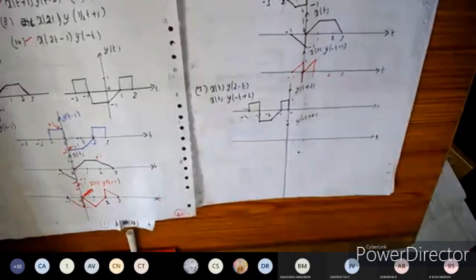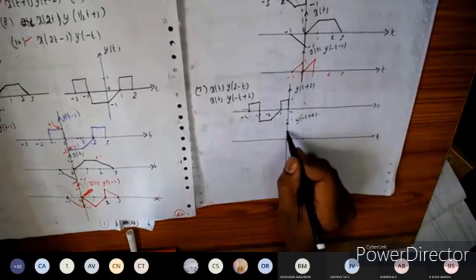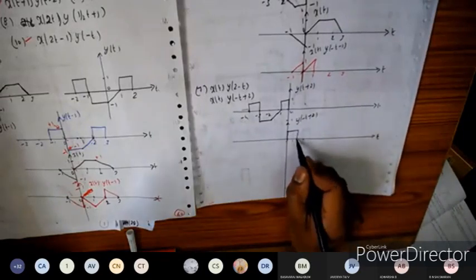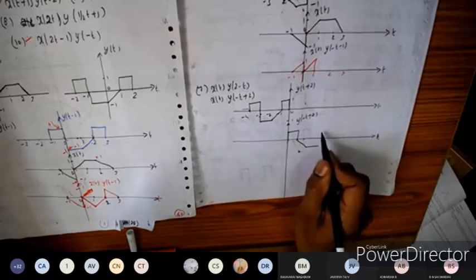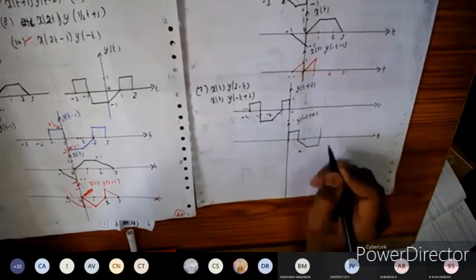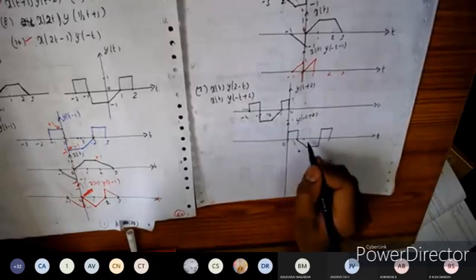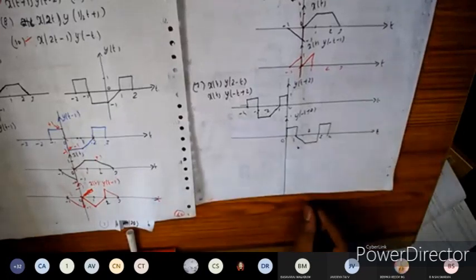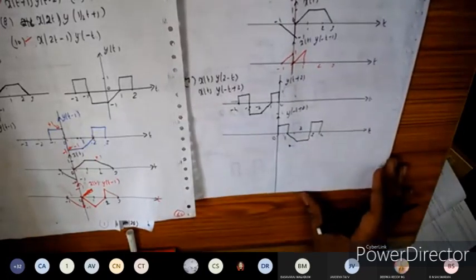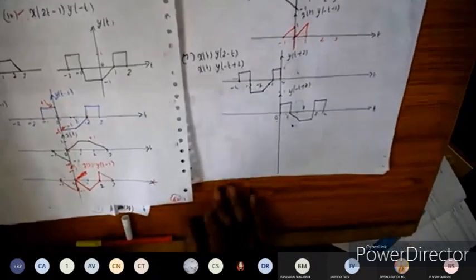You take the reflection here, so the waveform will become like this. Minus 4 will become plus 4, minus 1 will become plus 1. So 2, 3, 4 we get here. This is y of minus t plus 2. Done.